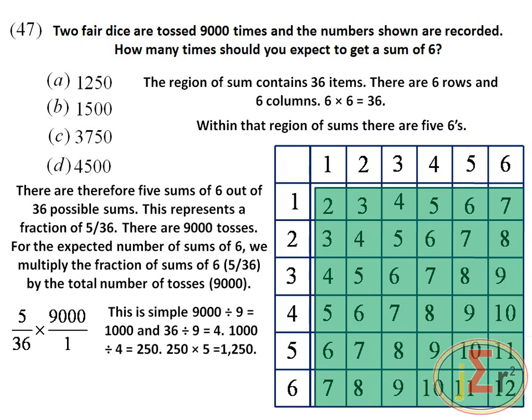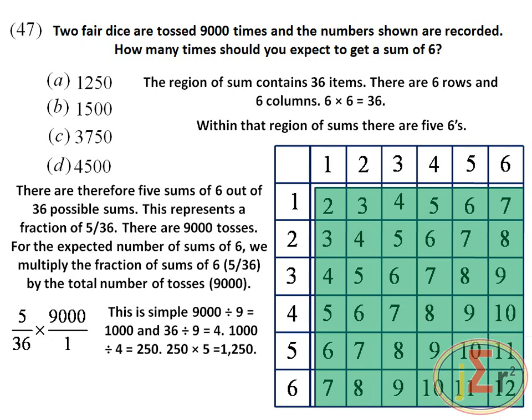Let's see if we can take a second look at that. 9 into 9,000 will give 1,000. 9 into 36 will give 4. So we will have 1,000 there, and we will have 4 here. 4 into 1,000 is 250.